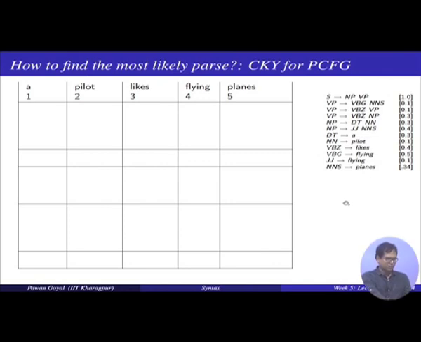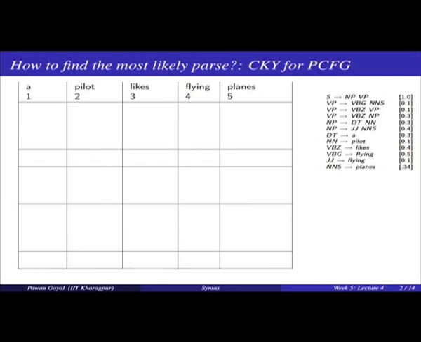Now I want to find out the most likely parse for the same sentence, the pilot likes flying planes. For that I need to find the probability with which I can find a non-terminal S in the final position for deriving this whole sentence, 0 to 5.